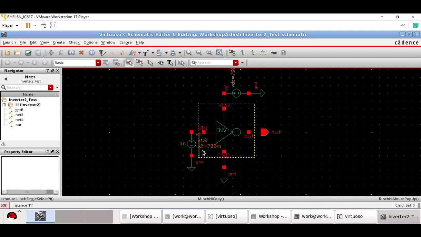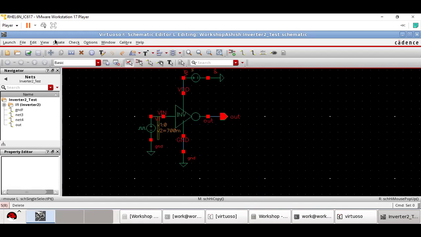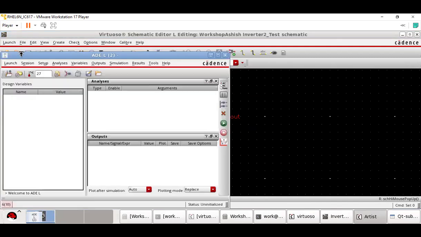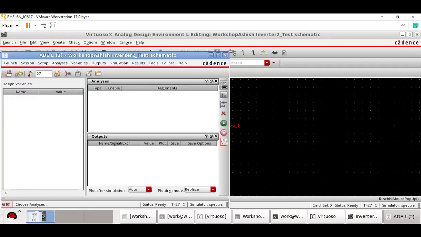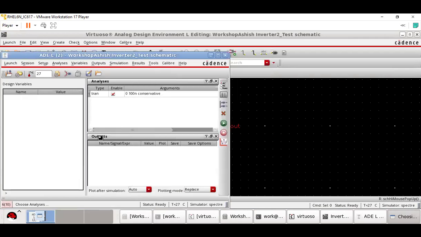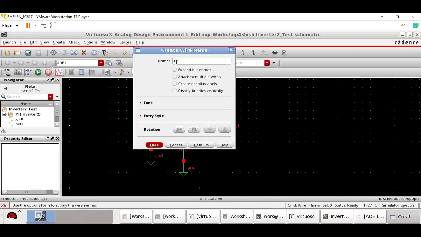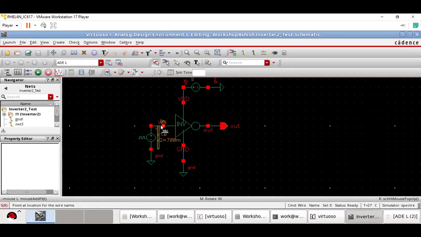What is the warning it is giving? It is saying that it is very close to this MOSFET. That is of no problem. We'll have ADL, transient analysis, 100 nanosecond, apply, okay. Then we need to give the name into the wire.